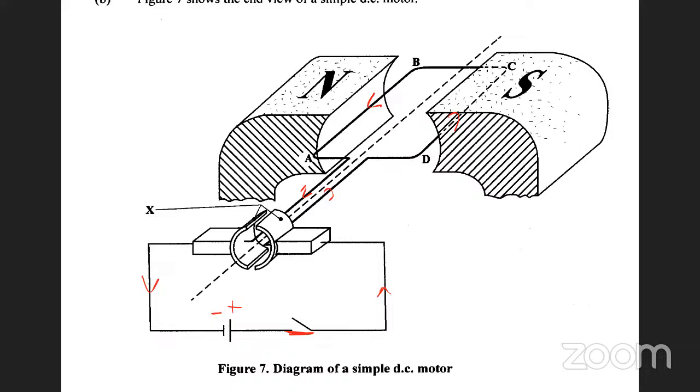Current is going to go up, go to D, C, B, A, and then come back down. Use that to figure out everything else.